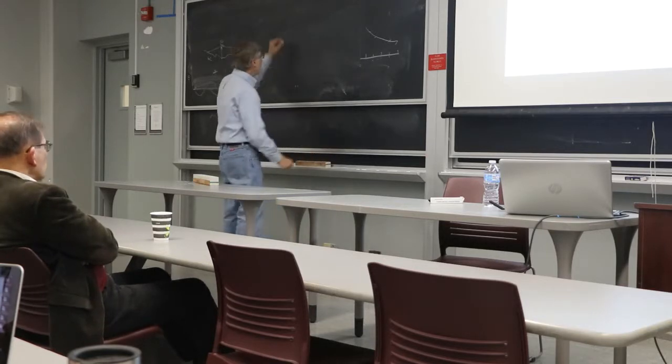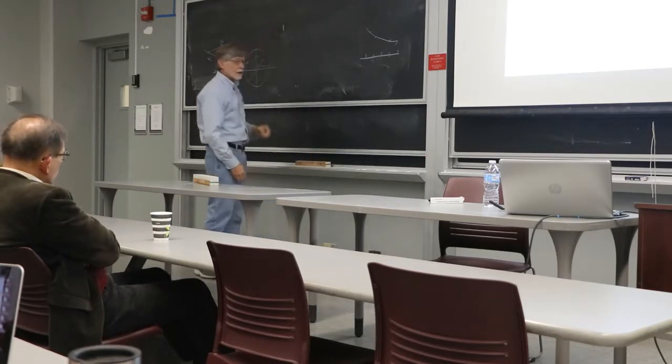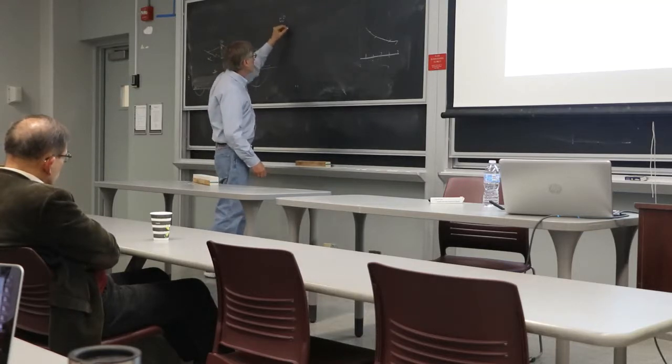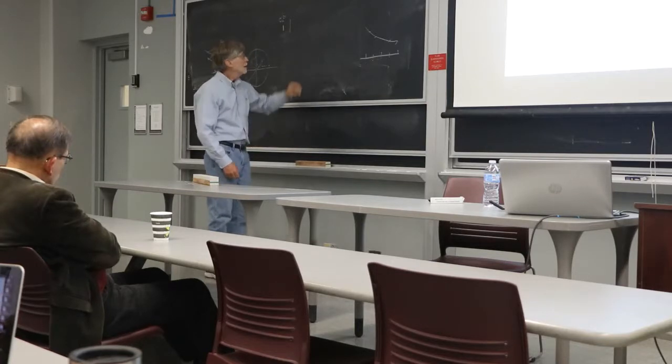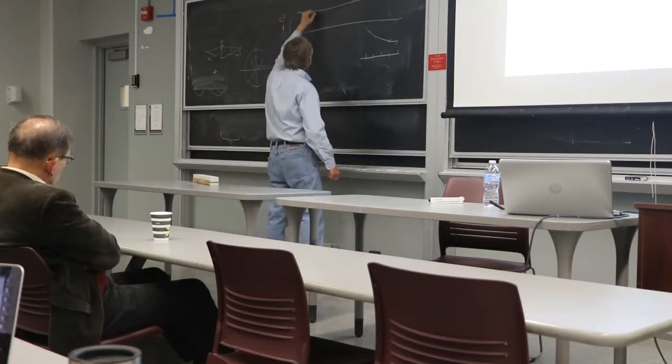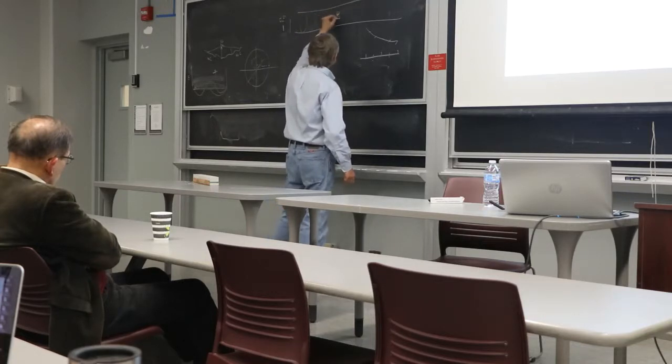So they had a little copper 64 source, I think. And then they had a material that they put in front of it. And then they had a solenoid. That's a magnetic coil like that, right? It goes like this.